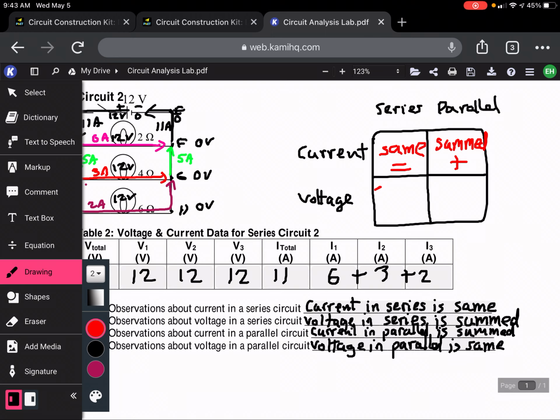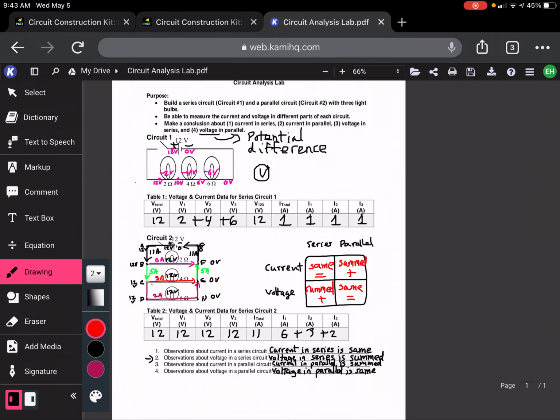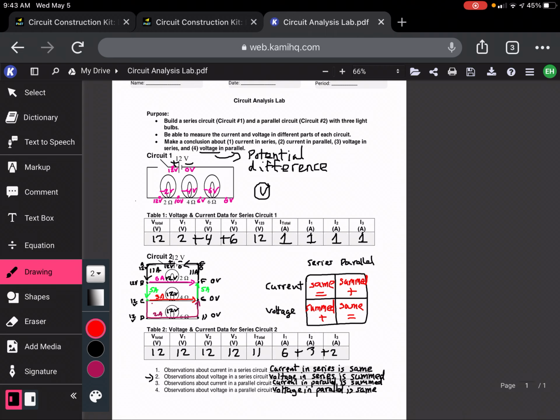Voltage in a series circuit is summed. And voltage in a parallel circuit is exactly the same. We will be using these principles to guide our circuit analysis throughout the rest of this unit.